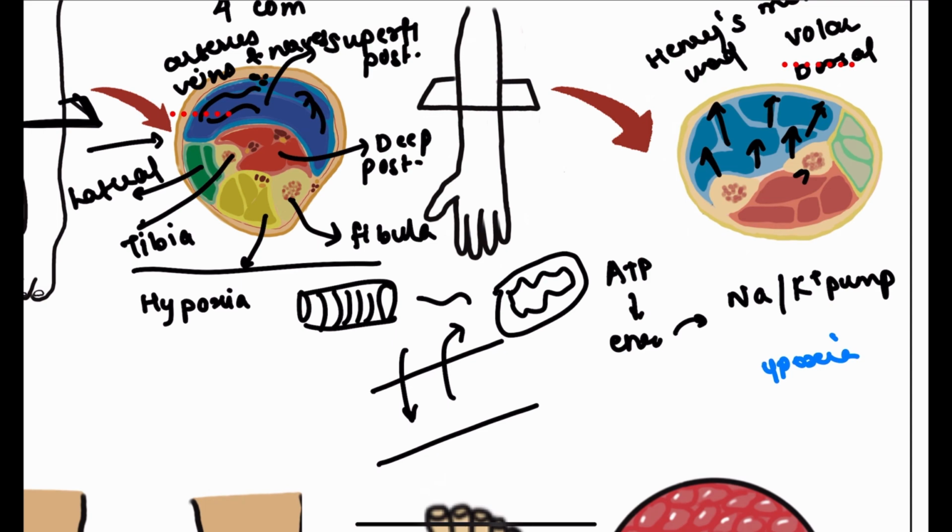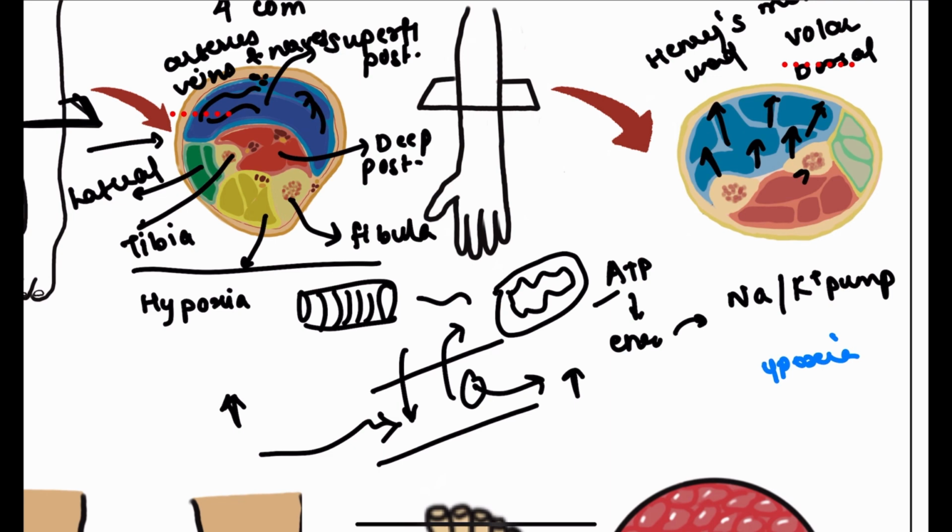Now if your ATP is less, why? Because there is hypoxia and the mitochondria are not going to produce the ATP. So the sodium will be present inside the cell only and it won't go out of the cell, due to which there will be an increase in the intracellular sodium. Because of that, water will move into the cell, which in turn leads to intracellular edema.